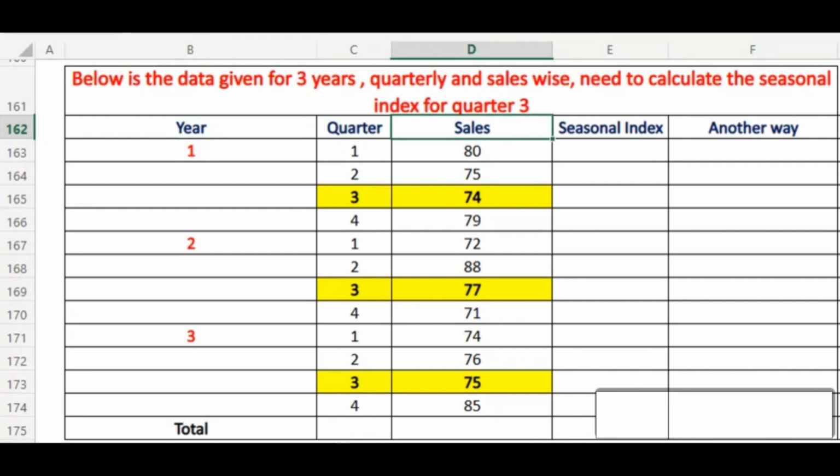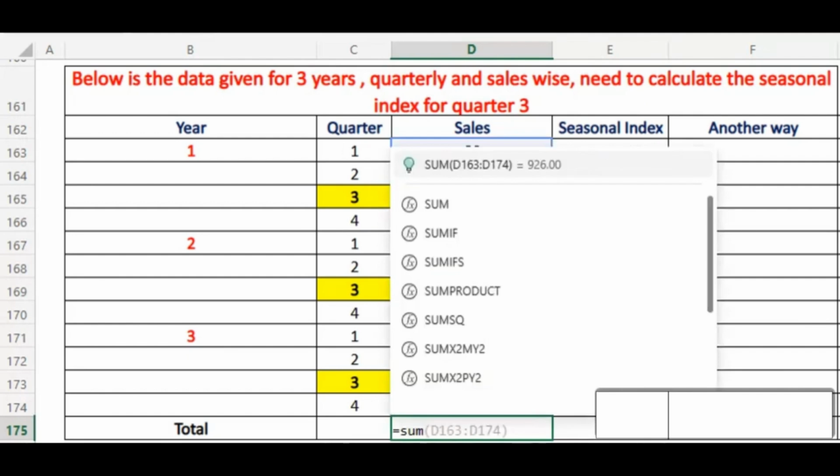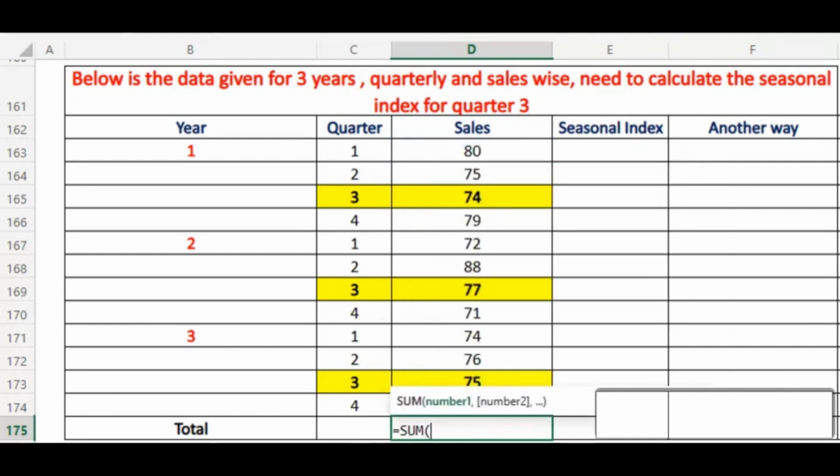Before calculating the seasonal index, we need to find out the sum of all the sales, what kind of sum we have. So now let's quickly find out this. Simply select it, divided by the number of data points we have. Data points mean for how many periods we have that sales data. So it is 12.